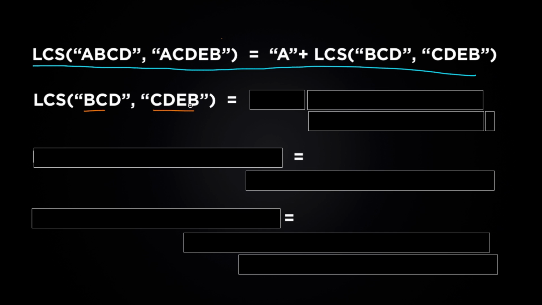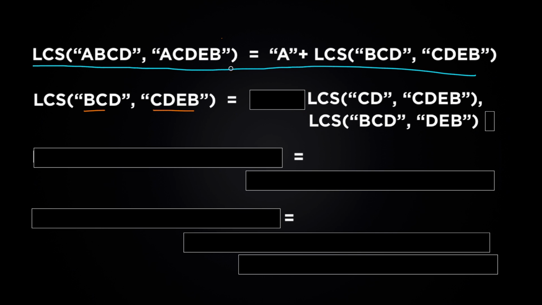So we can informally write it as: the longest common subsequence of these two strings, BCD and CDEB, is to compare these two longest common subsequences, CD and CDEB, or BCD and DEB right here, and then just take the longer one of them.